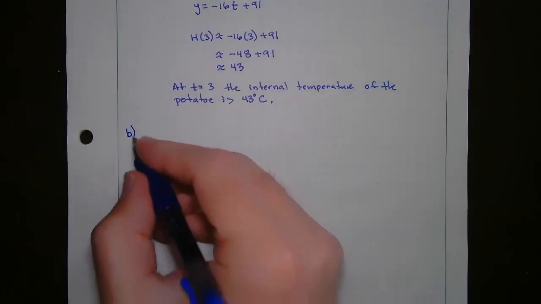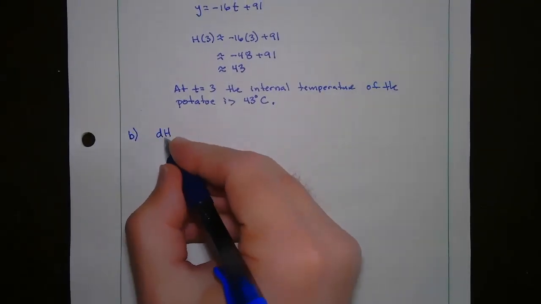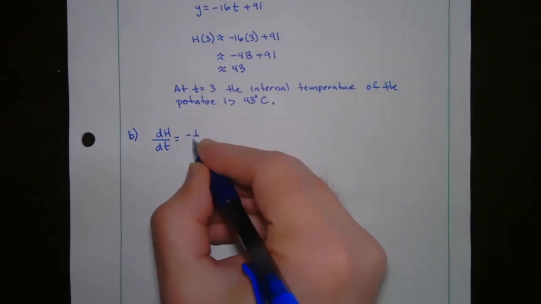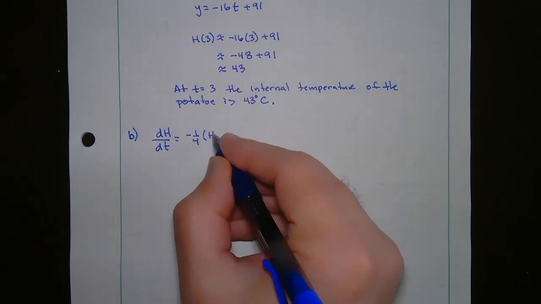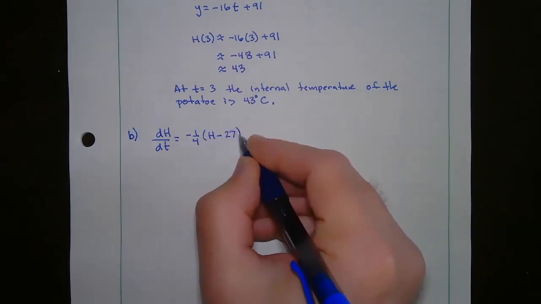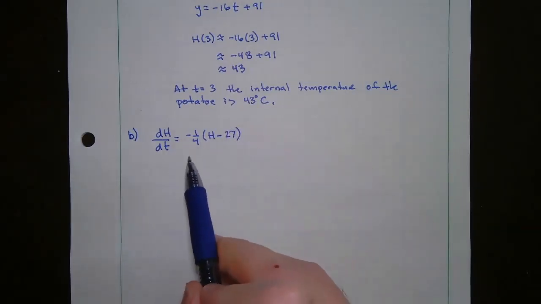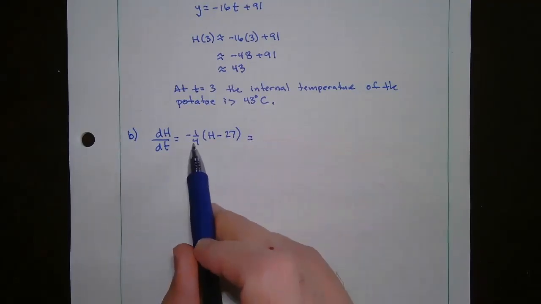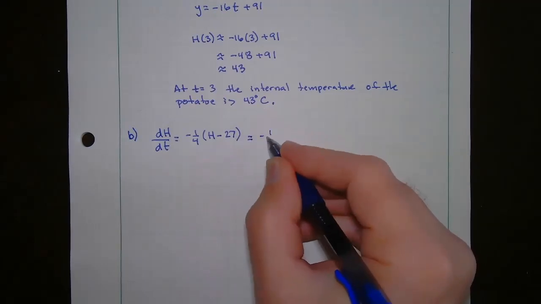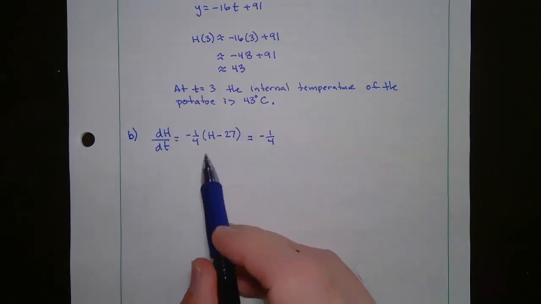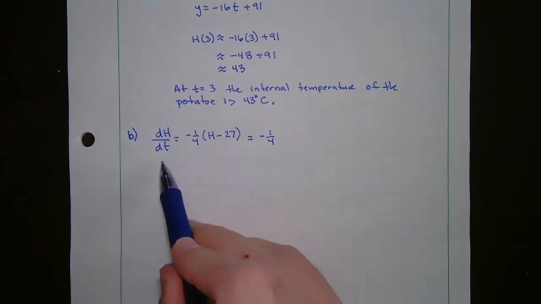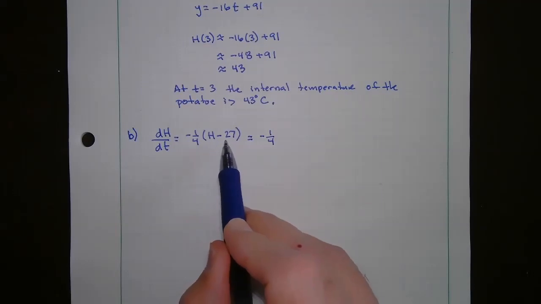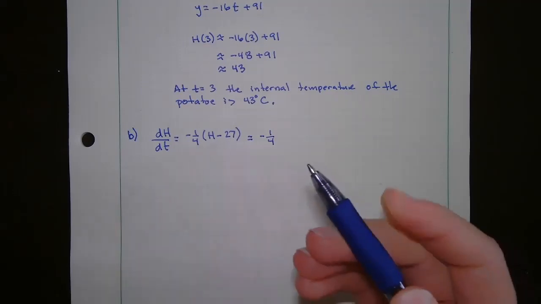For part B, we know that the derivative dh over dt is equal to negative 1/4 times h minus 27. We need to take the derivative of this. So this would be negative 1/4 times the derivative of h minus 27 with respect to time, which is just dh dt, because the derivative of 27 is 0.